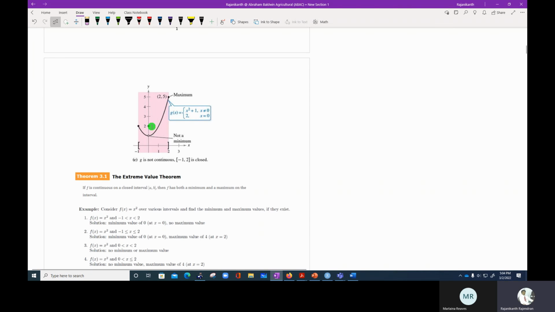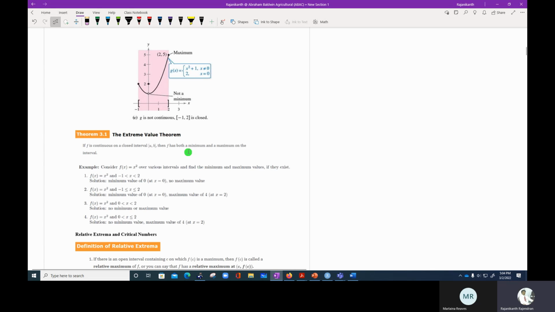So that is here: the function has the value 2 when x is 0. Here the quadratic function is not defined at 0. Other than that, the function is a quadratic function. So you see there's a hole, so the function does not have a minimum value, but the function has a maximum value here, which is 5 at x equals 2. That makes sense.